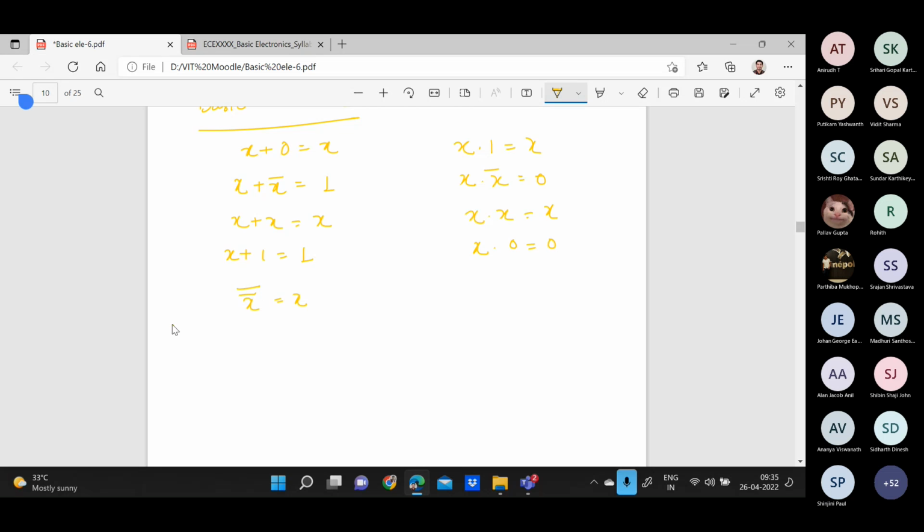We also saw the commutative property. Same thing I'm writing here, so it will make one table. Commutative says X plus Y is equal to Y plus X, or X dot Y is equal to Y dot X. Associative, we saw already. I'm just writing here. Associative says X plus Y plus Z equals X plus Y in brackets plus Z. If you have X, Y, Z, either you take the dot operation between them earlier, or you can make it like this.